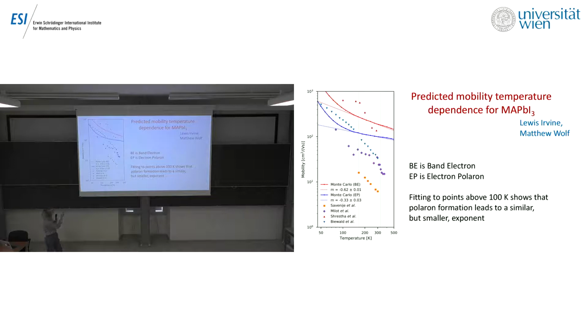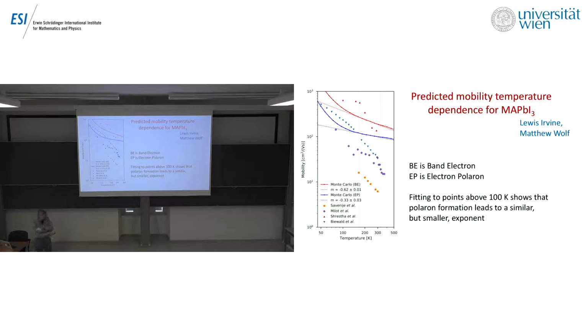And you can see that it actually makes very little practical difference in terms of the exponential in the temperature dependence. But nonetheless, this is early days, and we're working hard to see if we can come closer to experiment.